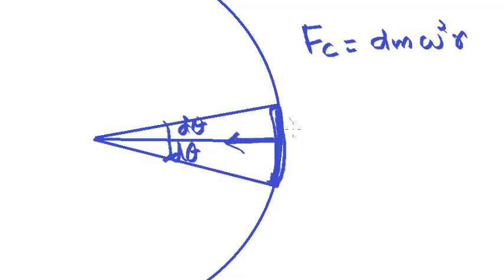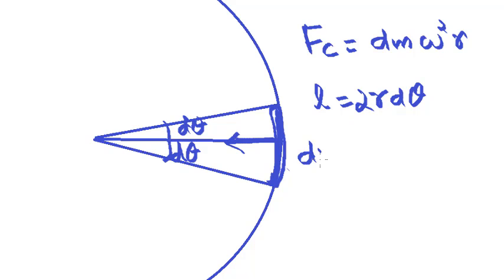What is the length of this wire? Use the concept of angle: arc length by radius equals angle, so arc length is r into d theta twice, 2r d theta. This is the length of the arc.